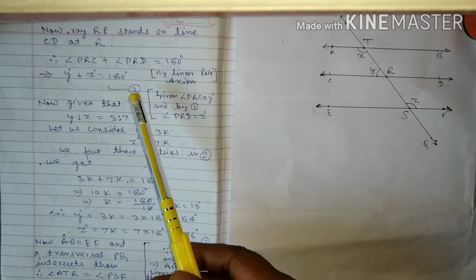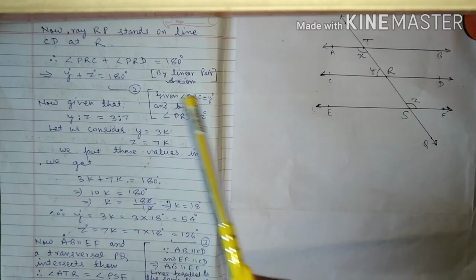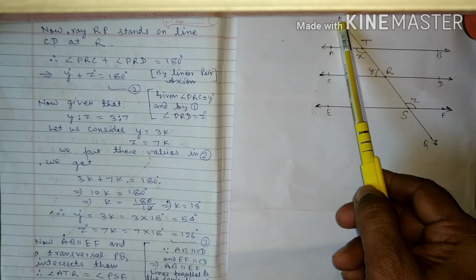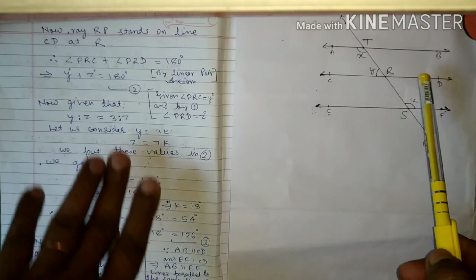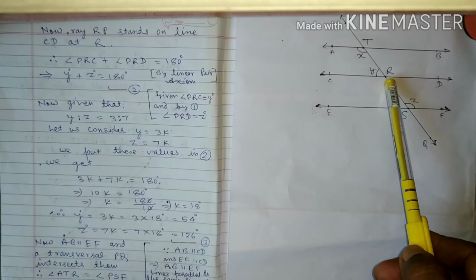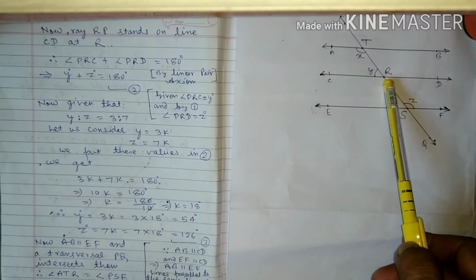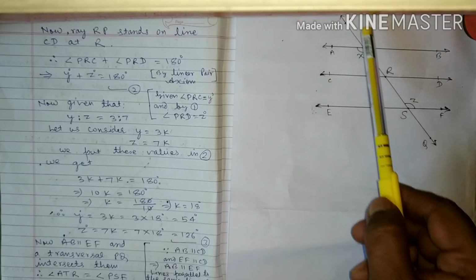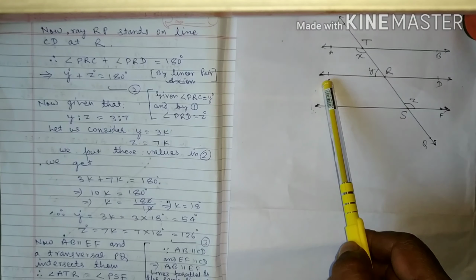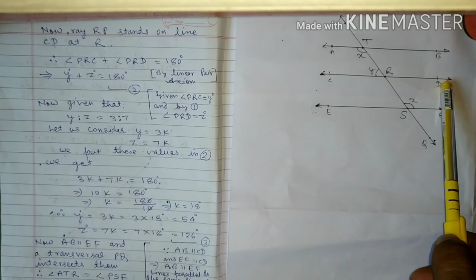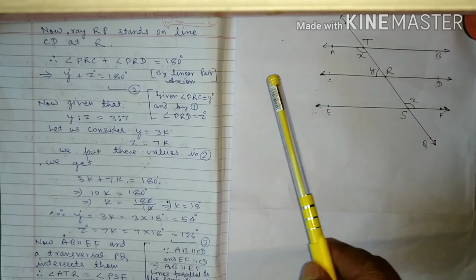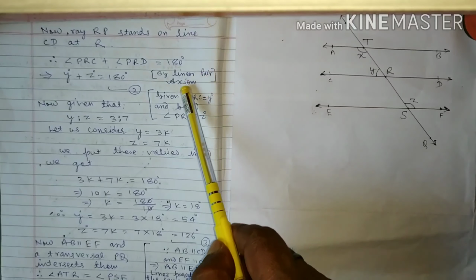Now, ray RP stands on the line CD at R. Therefore, angle PRC plus angle PRD equals 180 degrees by linear pair axiom.